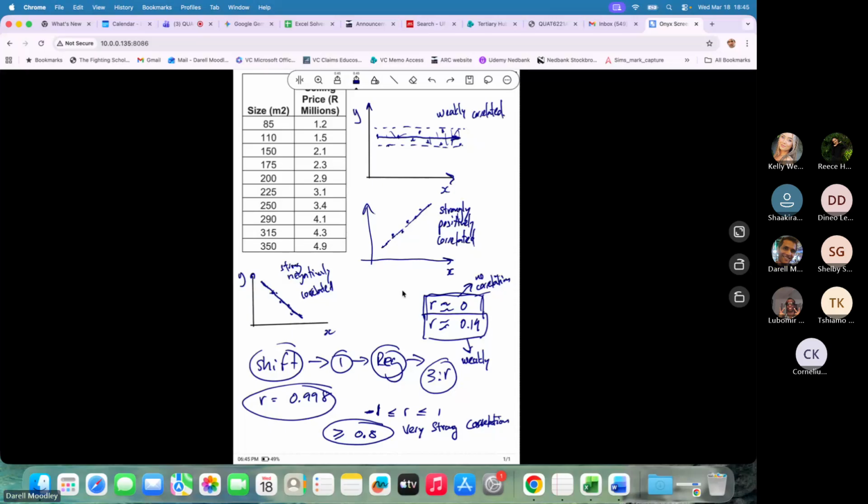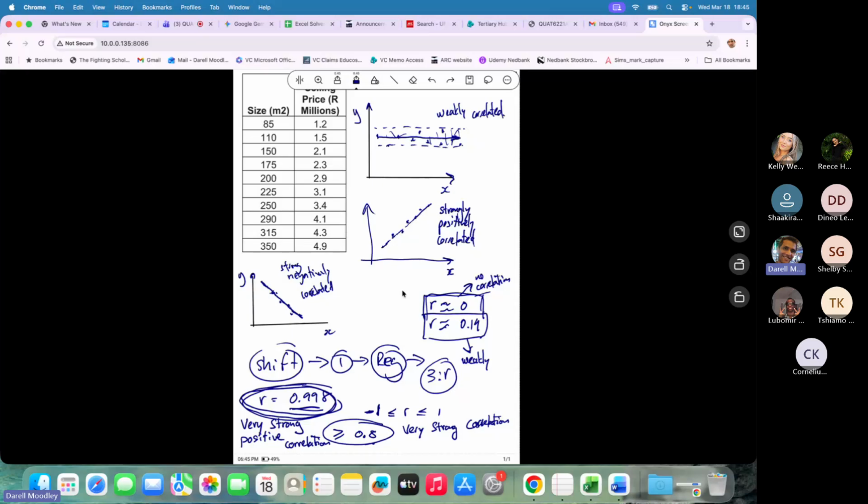Now, we got a positive value here. It's positive 0.998. So how you would interpret this is you would say it's a very strong positive correlation. That's how you would interpret it, because this 0.998 is bigger than 0.8, so it classifies it as very strong.